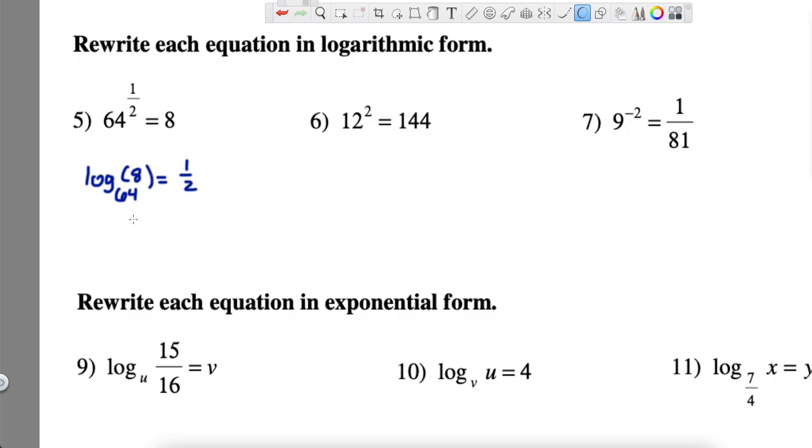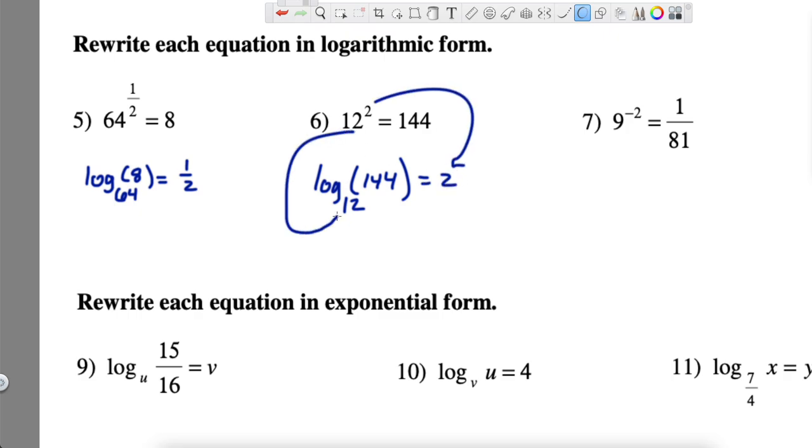Log base 64 of 8 is 1/2. Log base 12 of 144 equals 2. 2 is the exponent, it goes out here, the base goes here, and 144 goes here inside the log.